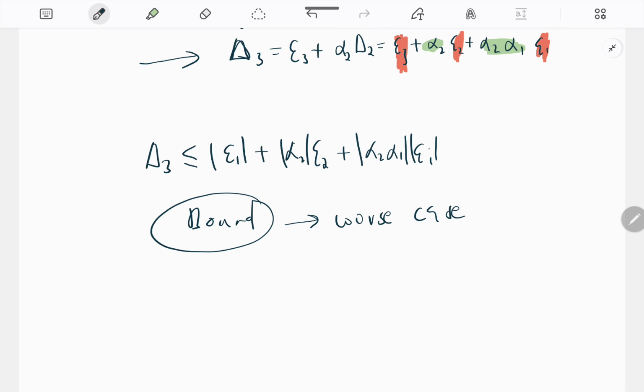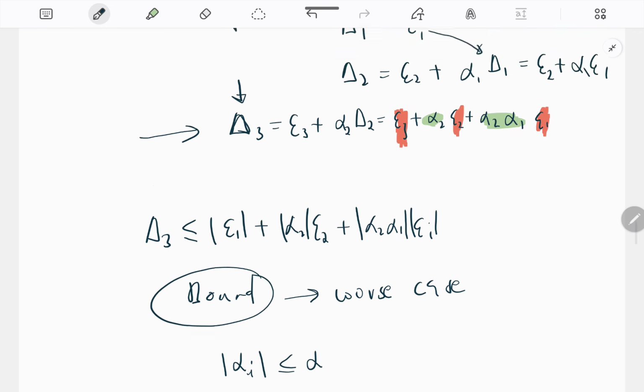So since I said we're looking at the worst case scenario, we want the magnifying factor, or the scaling factor, at some position to be less than something called alpha, which is a maximum scaling factor, right?